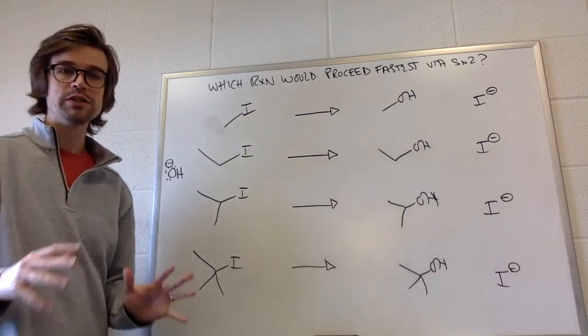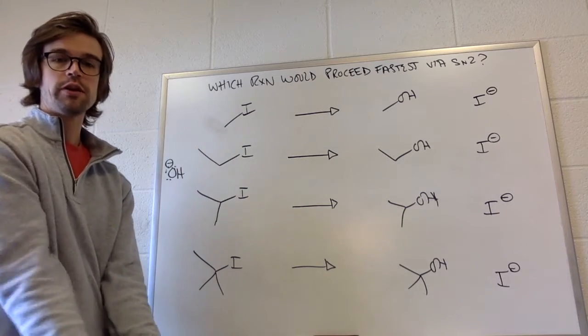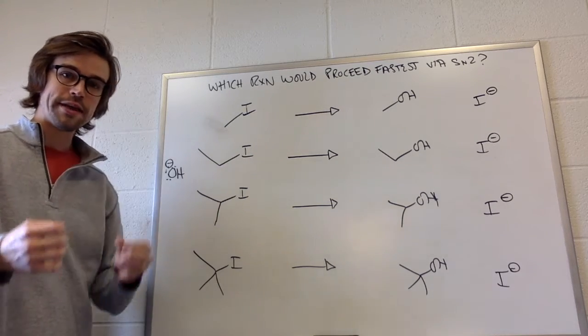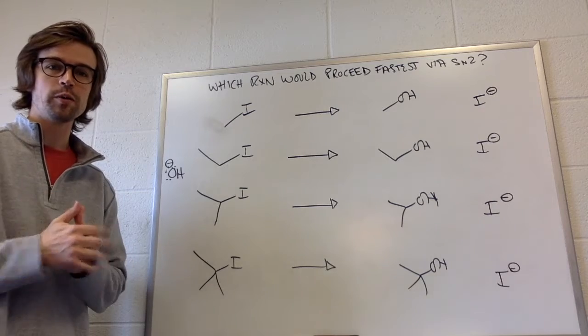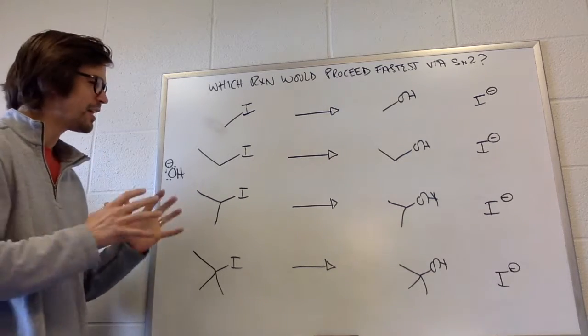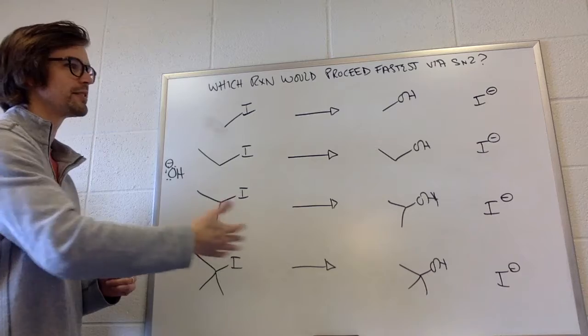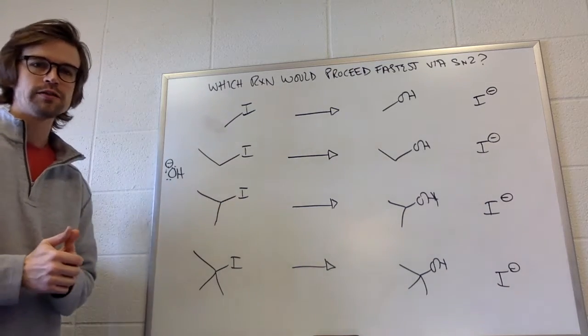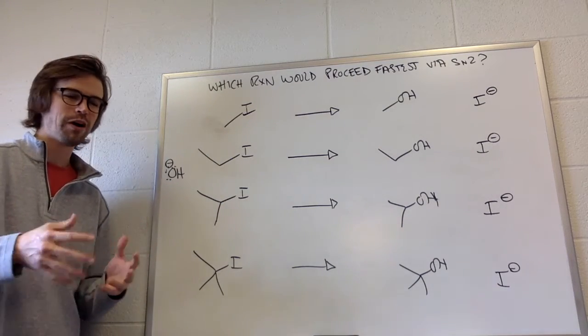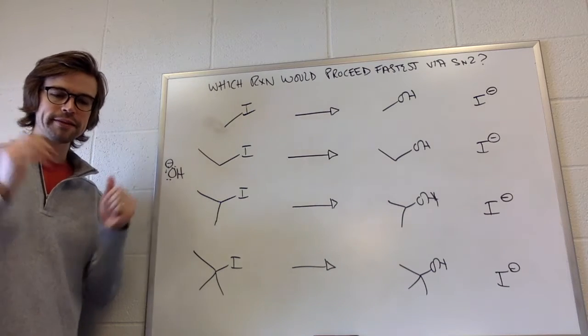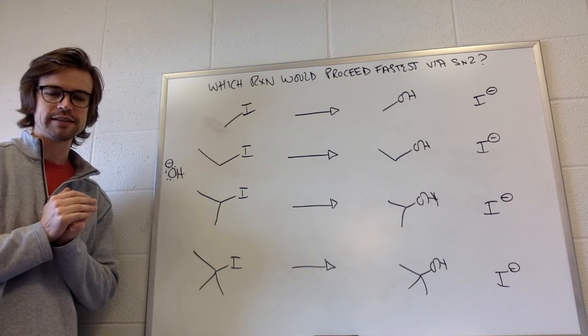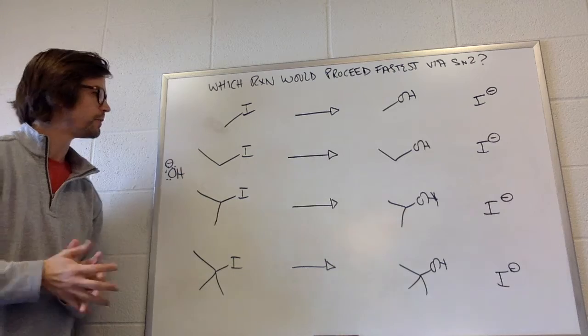So based on what we just said, the nucleophile has to get to that sigma star antibonding orbital. Take a minute and think about this. Which of these reactions is going to proceed the fastest? How is the nucleophile going to get there? So pause it, generate a hypothesis for yourself. Which one's going to be fastest? And then come back.